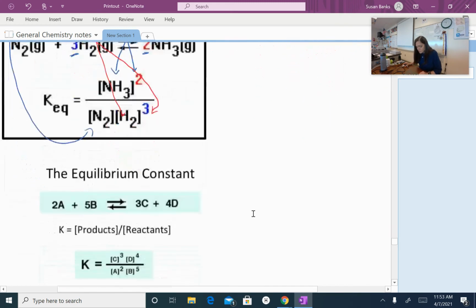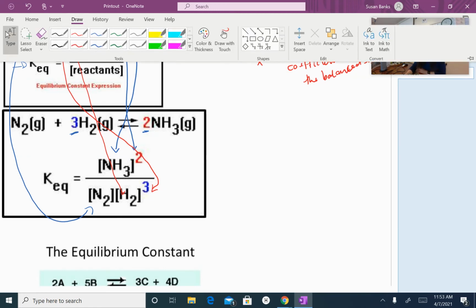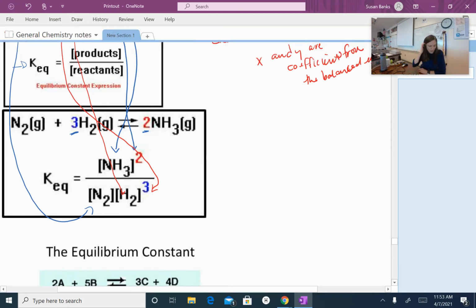So let's look at this equation. And I'm going to get a new color. We have 2 carbons in the solid state, and we have oxygen in the gas state, and that is going back and forth with an equilibrium reaction to make 2 carbon monoxide molecules in the gas state. Okay?